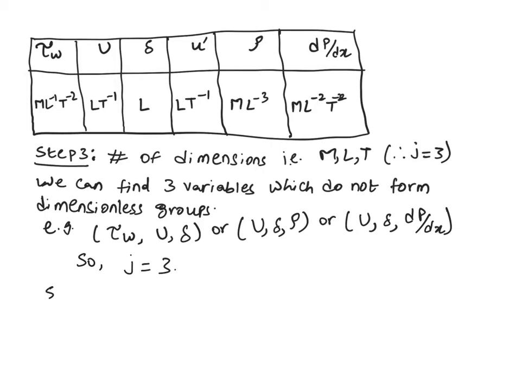Step 4 of the problem, or step 4 of the pi group. Select those repeating variables which form the parameters or the dimensionless groups. So select u, delta, rho as stated in the problem statement, or j is equal to 3 parameters.